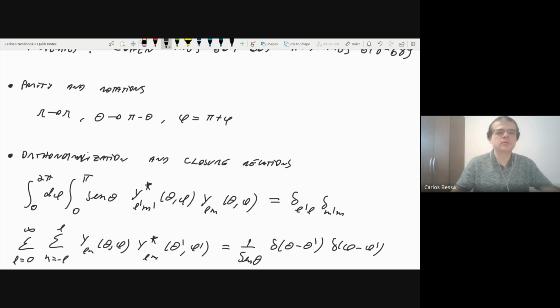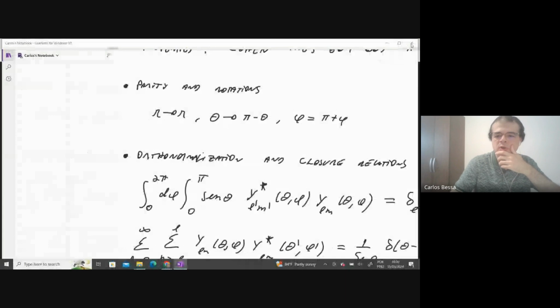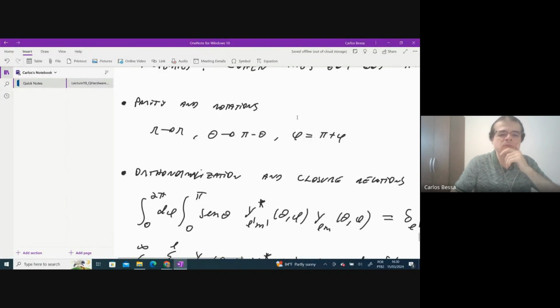Okay. So yeah, this is a summary, a brief review about how we can get the solutions for the Schrödinger equation for hydrogen-type atoms.